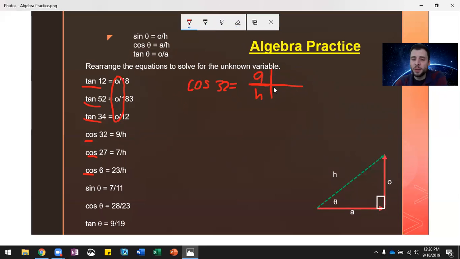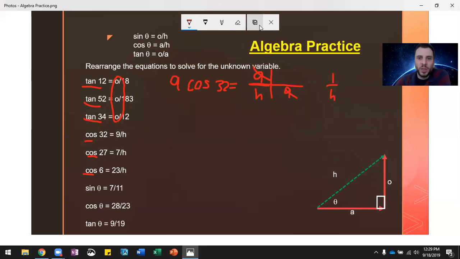How do we get rid of the 9? Well, we want to divide it by itself, and we can do that, but now we're left with this strange equation. We're left with 1 over h. We could do that, but that's kind of confusing. So 9 times the cosine of 32 equals 1 over h. That's a little bit confusing.